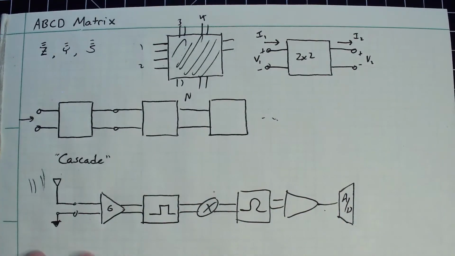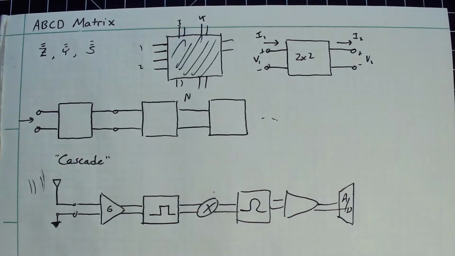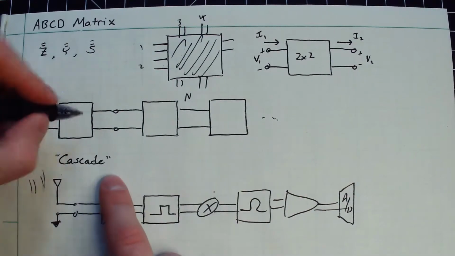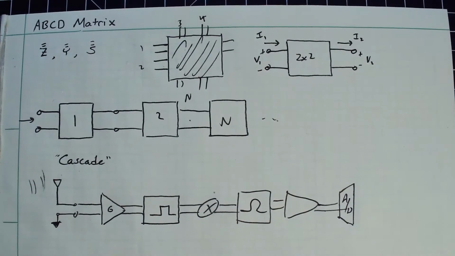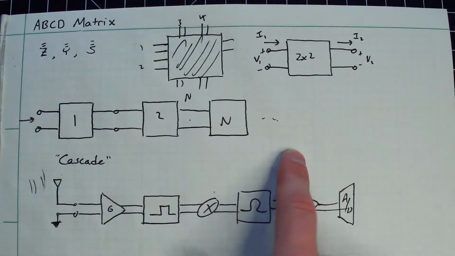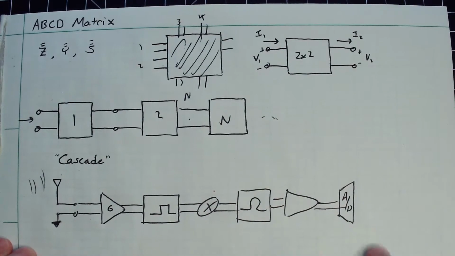So you see, this notion of a cascade is actually what a real world device will very commonly look like. So this idea of the transmission matrix as a cascade of 1, 2, all the way out to n little ports or black boxes with an input and an output is a far more powerful concept in terms of creating a complex system, because you have this idea of a signal getting processed in these individual little steps, right?